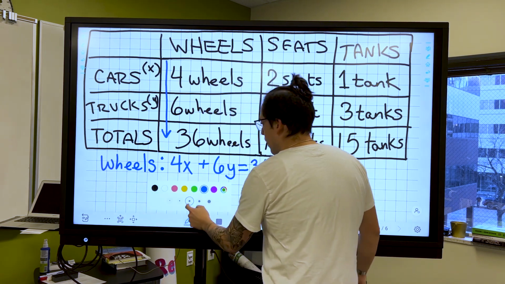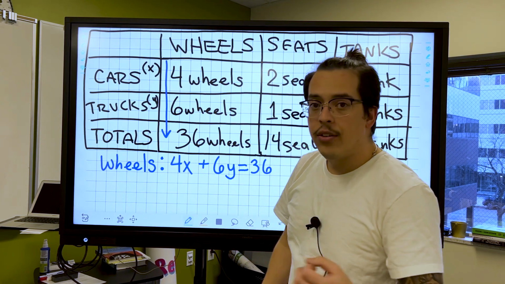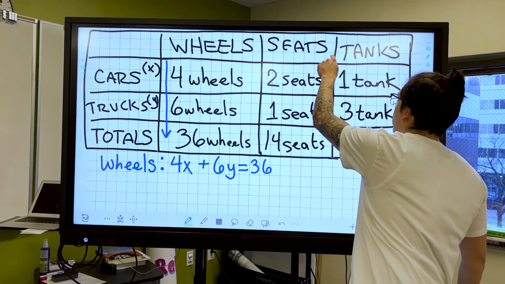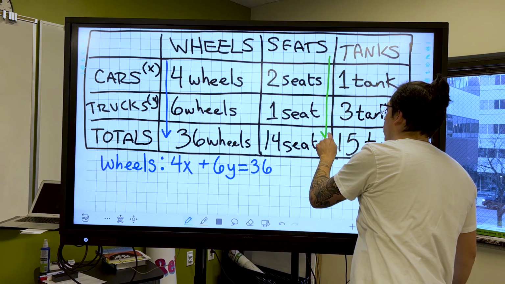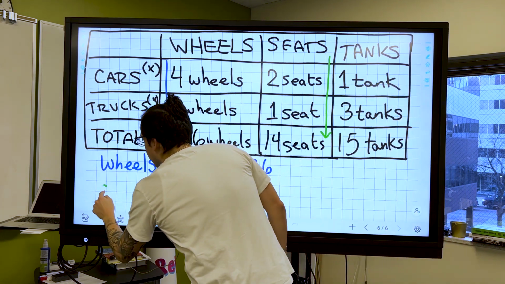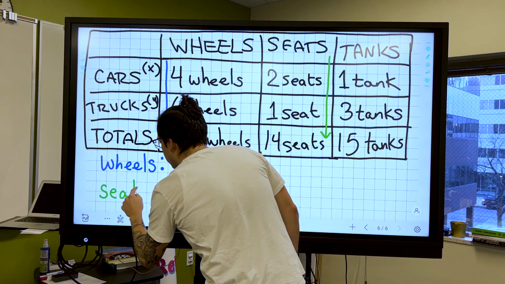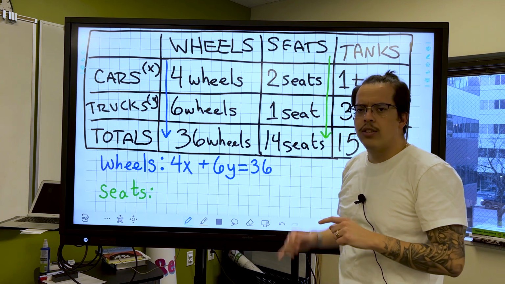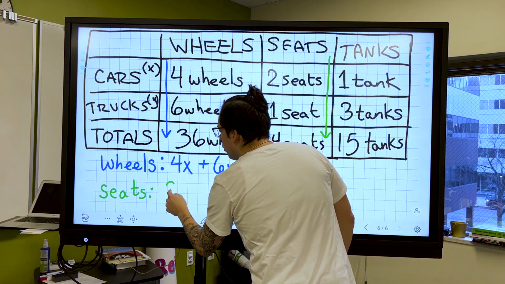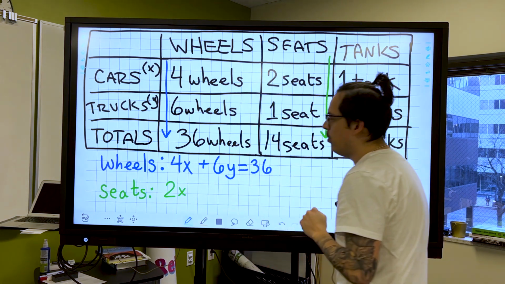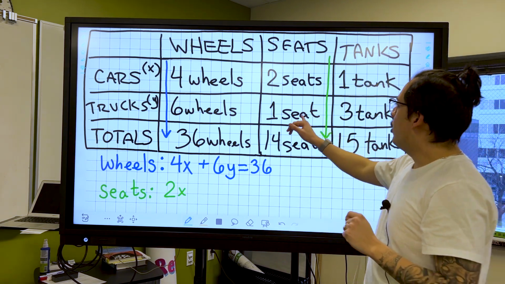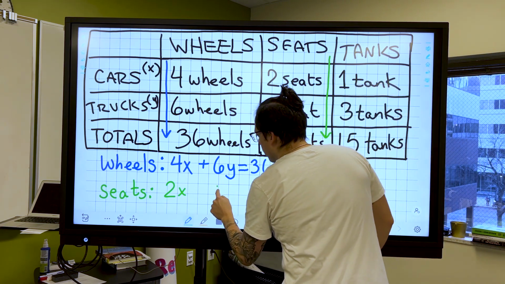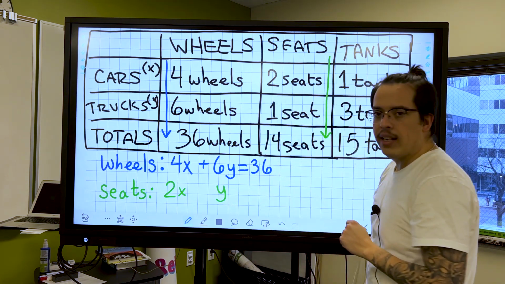Okay, I said we had 3 equations in this system, so let's look at our seats column, and let's find our second equation. With seats, I know that every car uses 2 seats, so 2x has to be part of my equation. Every truck uses 1 seat, so I need a y here.